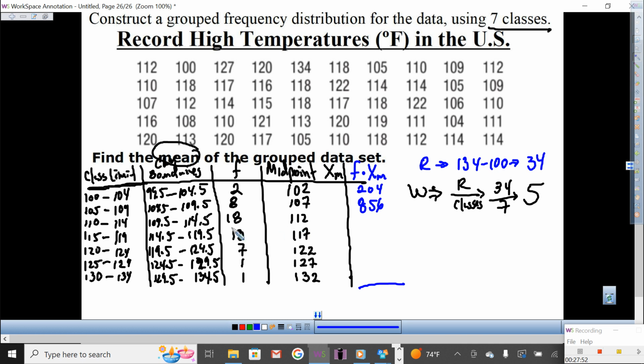Somebody calculator? What is it? 2016. 13 times 117, 1521. 7 times 122, 854.